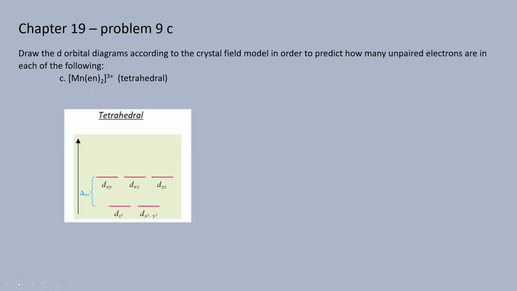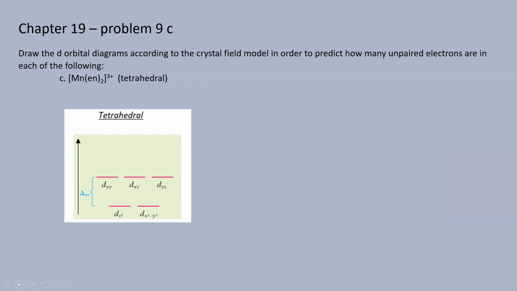The first thing we should note is that it's the opposite pattern. We're seeing that xy, yz, xz are all on the higher energy level. That must mean those orbitals now are closer to the ligands, but the z squared and x squared minus y squared are a little bit further apart.